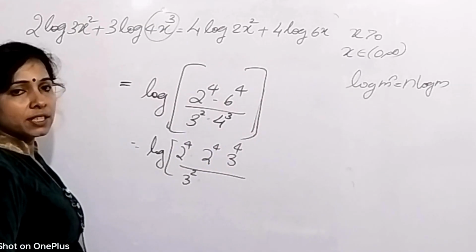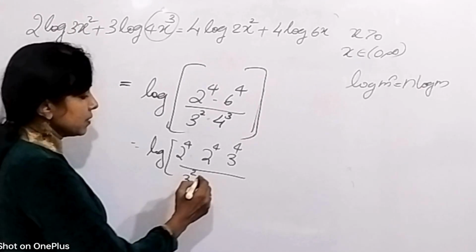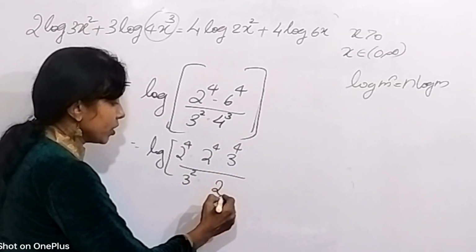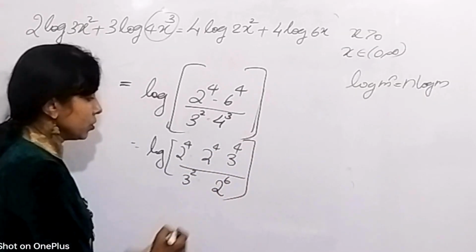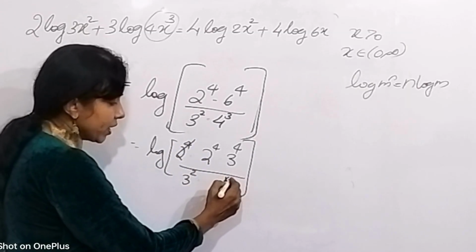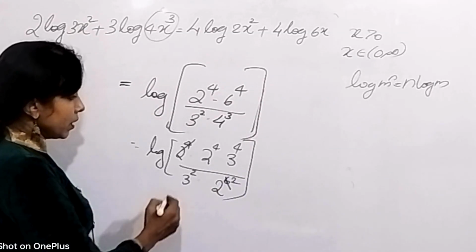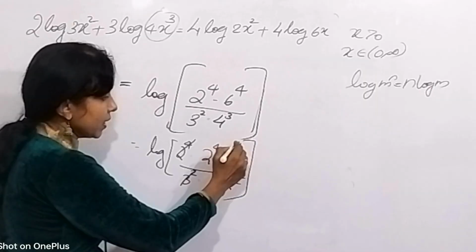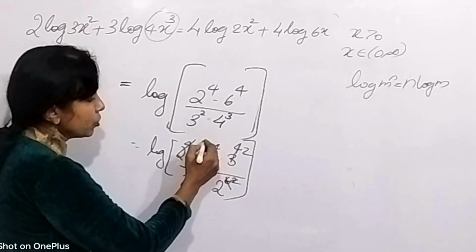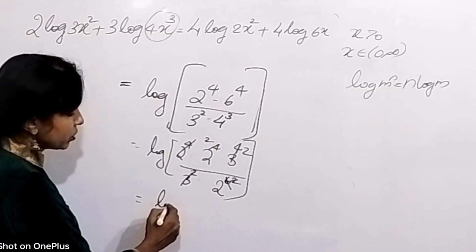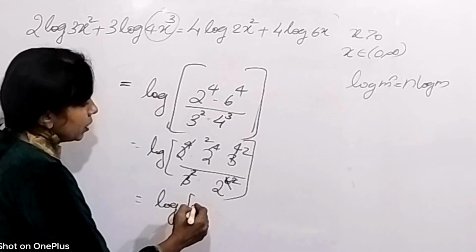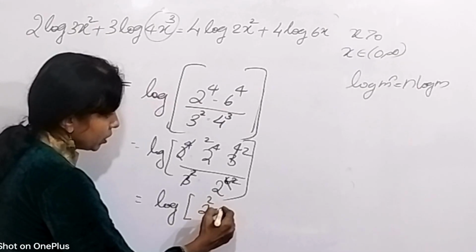We can write 4 as 2², so 2² the whole raised to 3 means 2 raised to 6. Clear? So here 2 raised to 4 cancel, 3² cancel, and the remaining is 2² into 3². You know how to cut using the exponential rule and all.